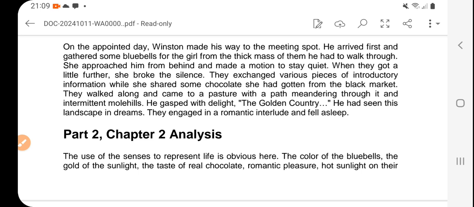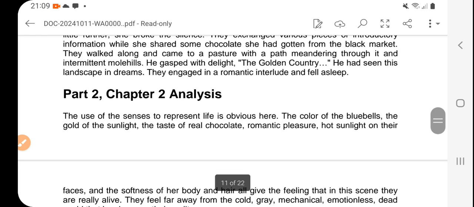She approached him from behind and made a motion to stay quiet. When they got a little further, she broke the silence. They exchanged various pieces of introductory information while she shared some chocolate she had gotten from the black market, because chocolates are not easily available.